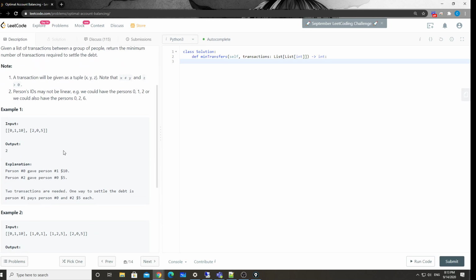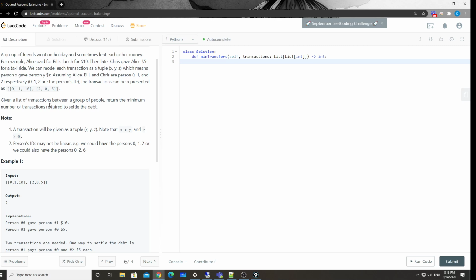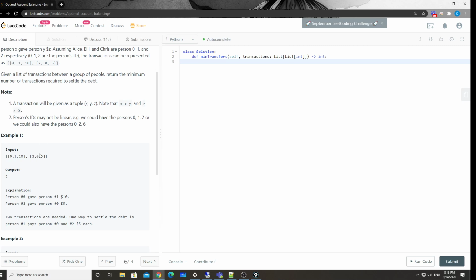That's something we need to keep in mind. What it's asking you to do is return the minimum number of transactions required to settle the debt. How to settle the debt? For example here, person zero lent person one $10, and person two lent person zero $5.